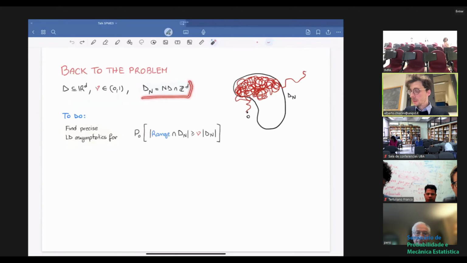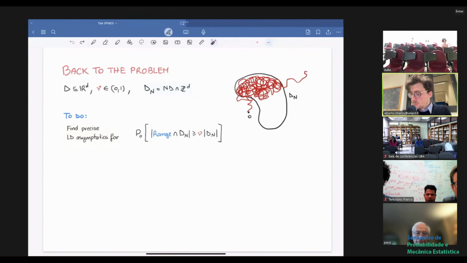Then I take its blow up by n, so I multiply by n and intersect with Z^d. If you like the other picture, you can think about it as making the grid smaller and smaller. Then we also have some nu, that is the fraction of points that we want to cover.